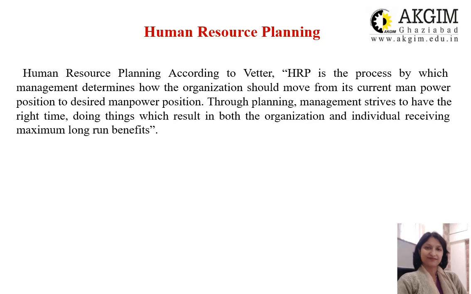Hard is purely the number, and soft is the quality as well. Human resource planning ensures optimum utilization of human resources currently available in the organization, assesses or forecasts the future skill requirements of the organization, and provides control measures to ensure that necessary resources are available as and when required.